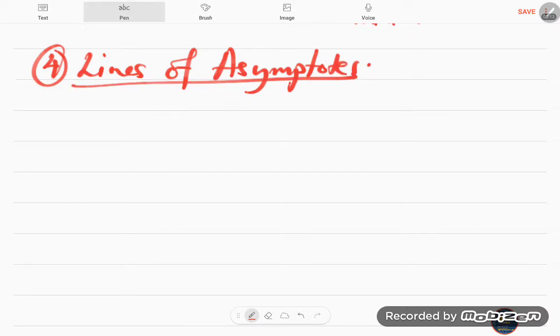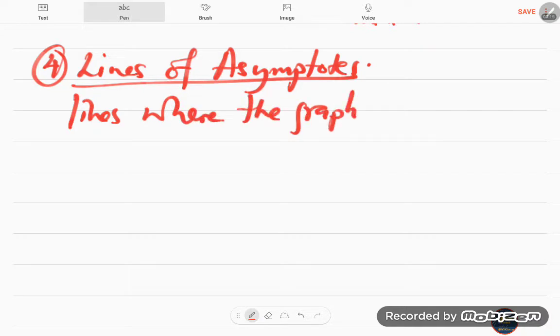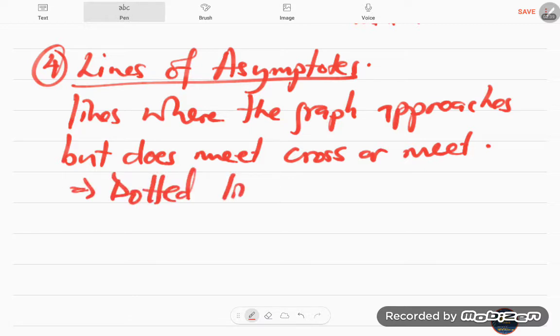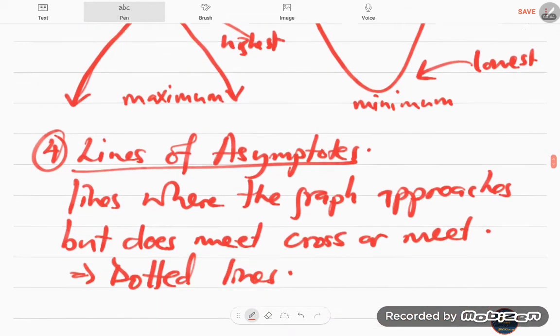So those ones are specifically lines where the graph approaches but does not cross or even meet. And we usually signify these using dotted lines. Okay, this is all the critical points that you need to make sure that you show.